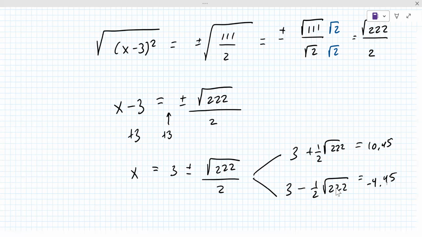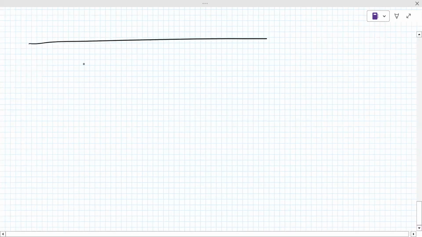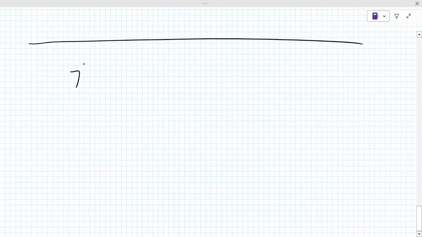Okay. All right, let me have you just quickly try a couple of these types of square root problems in the calculator. Let's say it's 7 minus the square root of 61 over 2. Can you give me that value, please? The value of 7 minus square root of 61. Okay.